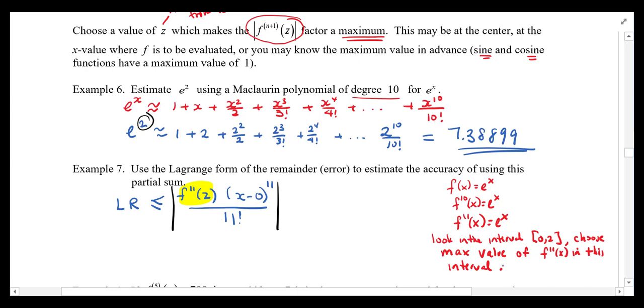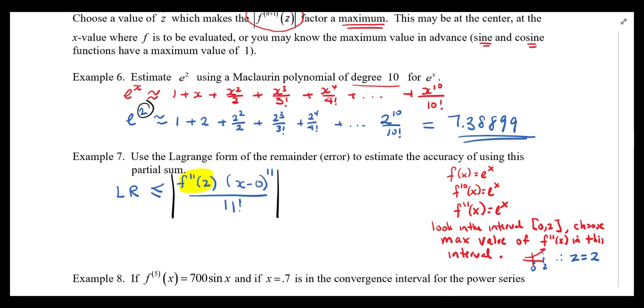And this is e to the x, so I hope you know what this looks like. It goes like this. And so where is the largest value going to be from 0 to 2? Yeah, at the endpoint 2. So really what I'm saying is that z value equals 2. Okay?